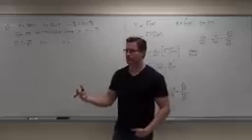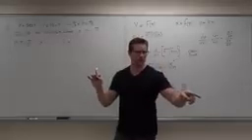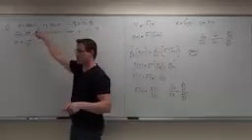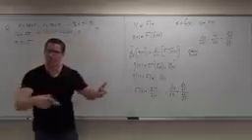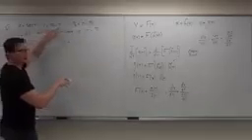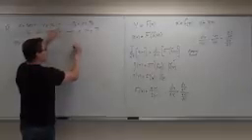What do you do in order to find the point? What do you plug in and where do you plug it in? Pi over 4, and where do you plug it in? Good, so here and here. This will give you your x coordinate, this will give you your y coordinate. x and y make a point. I'll do the hard one for you guys, okay? So tangent of pi over 4, that's 1, so I know that y equals 1.